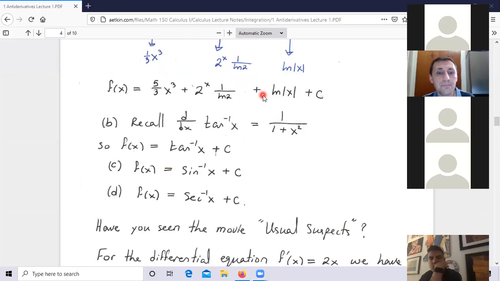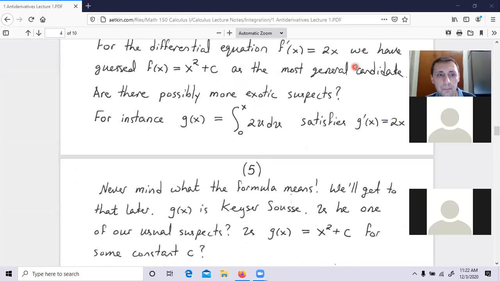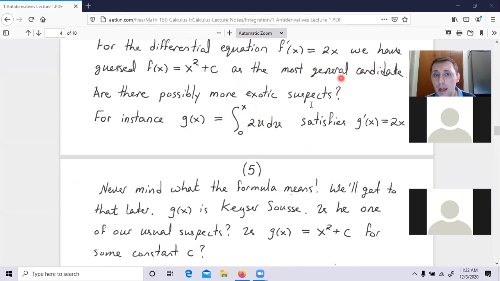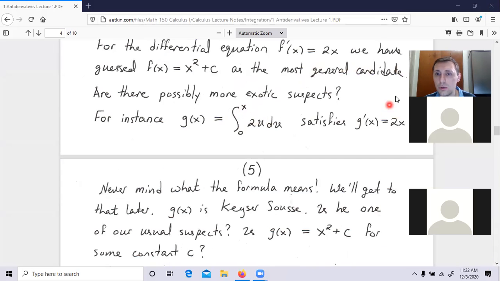So here, you will soon see exotic looking functions. G of x equal to the integral from 0 to x of u du, something like that you will see, okay? And you will know that when you take the derivative of this function, you will see later, it kind of looks scary, but the derivative is 2x.